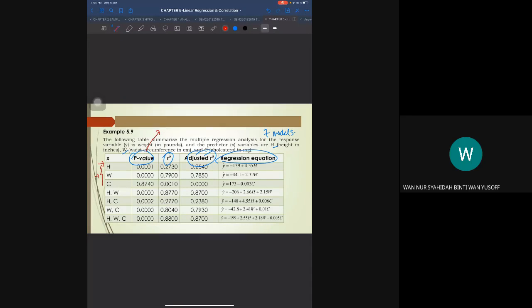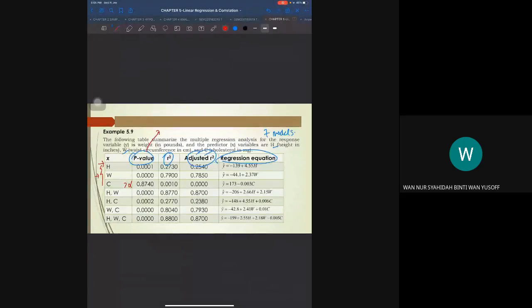But here the p-value is greater than alpha, so C is not significant. The first characteristic that we use is the p-value. By p-value, C is not significant, so you can discard C.